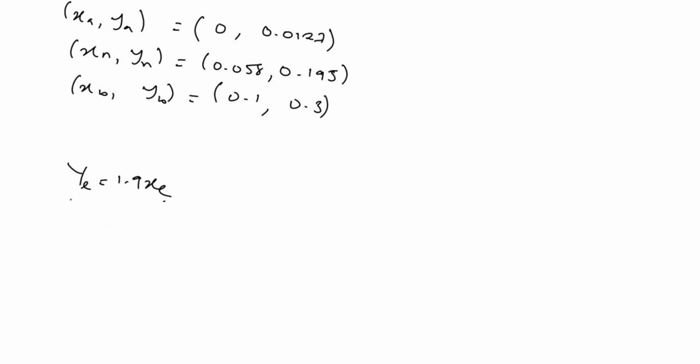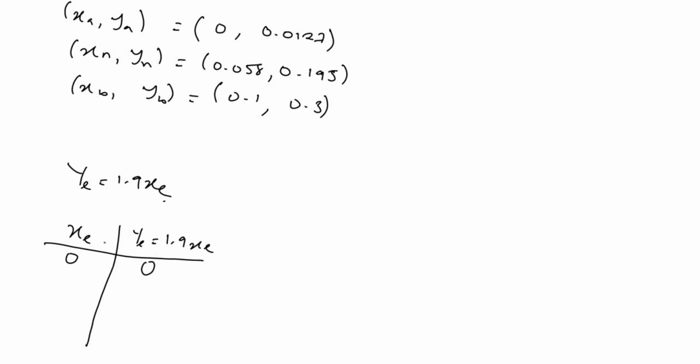So let me draw a table like this, saying XE here and YE equals 1.9 XE, taking 0 as origin. I know 0 times 1.9 is 0.